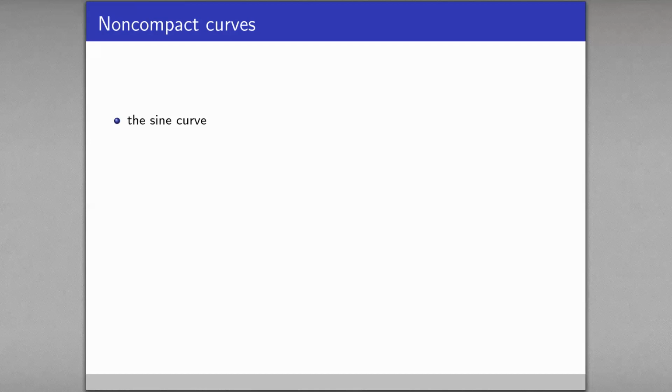So curves defined on compact intervals have compact images. But with one side open, you can go to infinity, right? You can have a continuous function from 0 to 1 that goes to infinity, and that's very simple. Just put 1 over x or something like that.